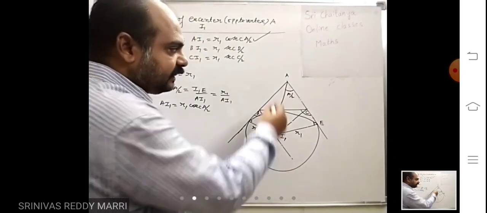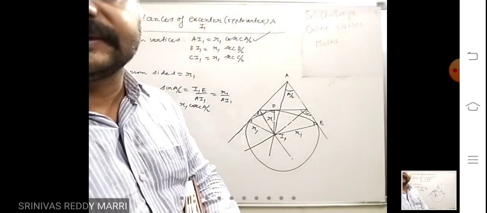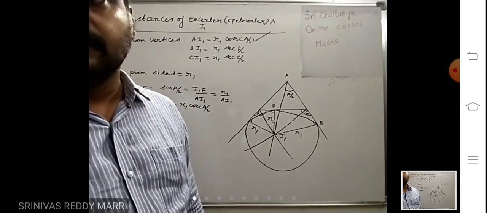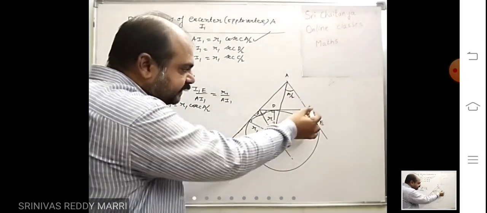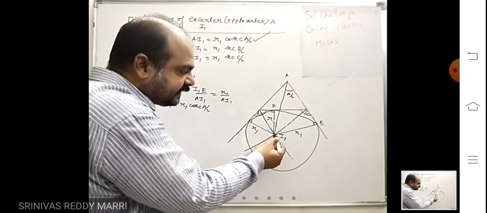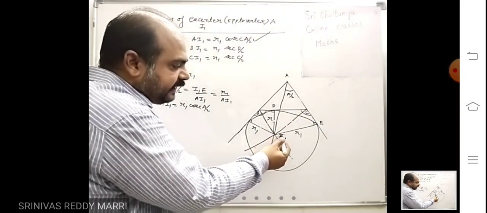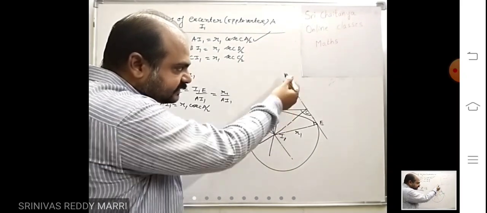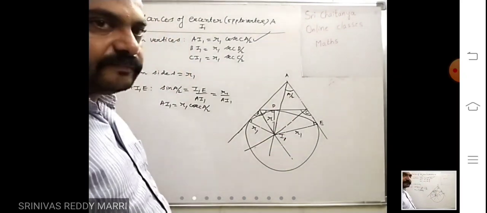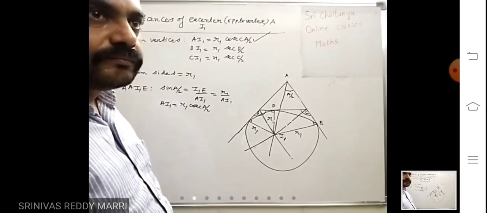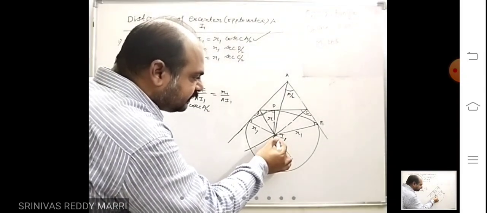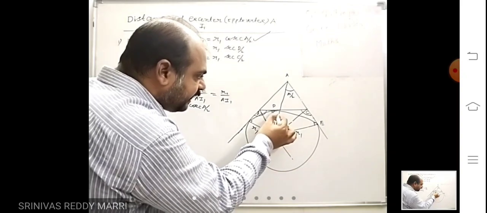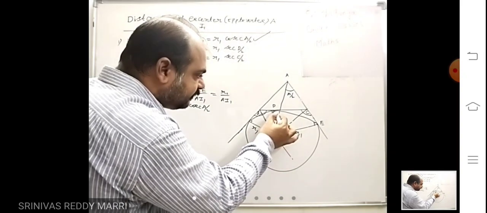Now that is geometric property. Just like internal angular bisectors, they are intersecting at I, like that, this internal angular bisector and these two external angular bisectors, they will intersect at a point. That point is called I1. That is called excenter opposite to vertex A. Understood? So this I1 will be equidistant from all the sides. If you drop a perpendicular from I1 upon BC, this is I1D.